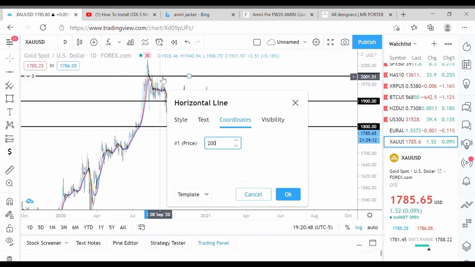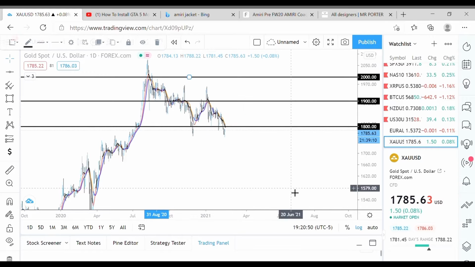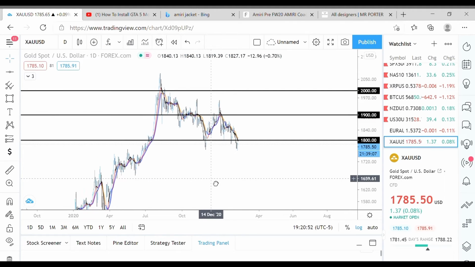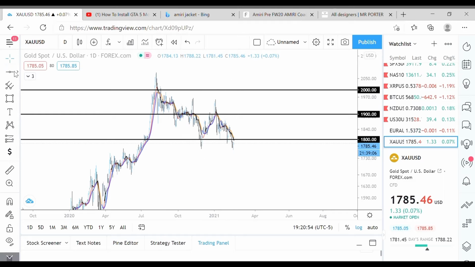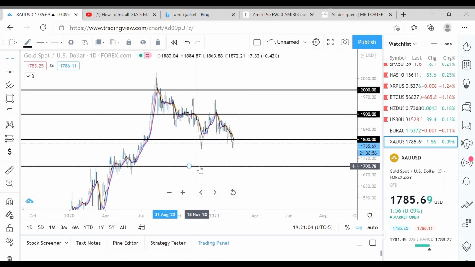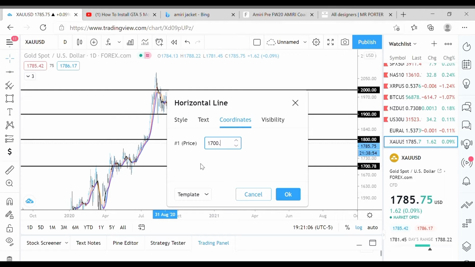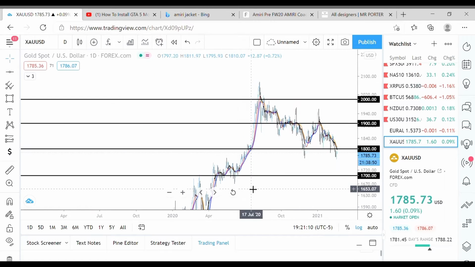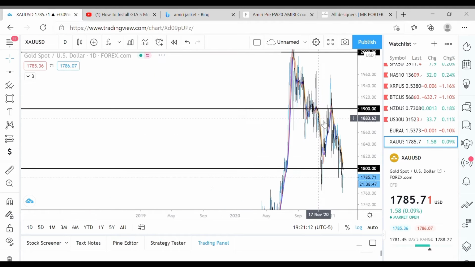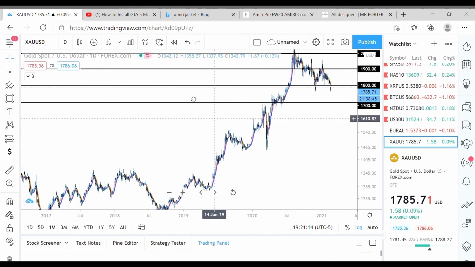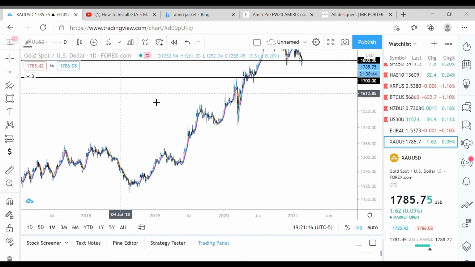And y'all gonna see, right after I did the support and resistance, and right after the candles touched each line, how it plays out and why I started doing that. I'm gonna put another one down here.